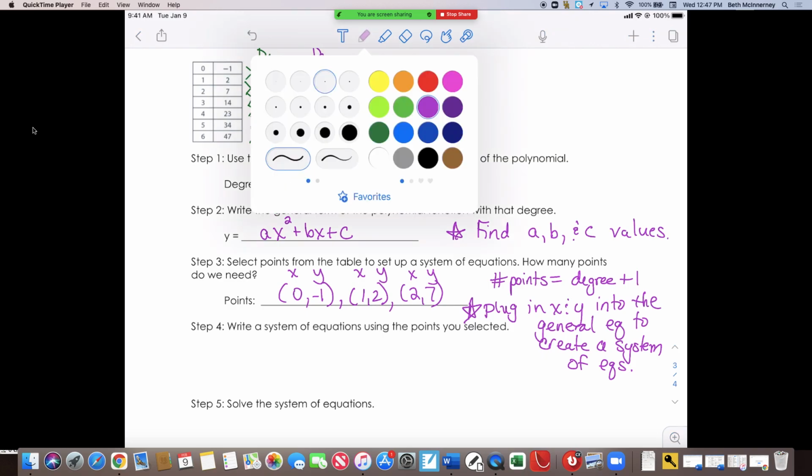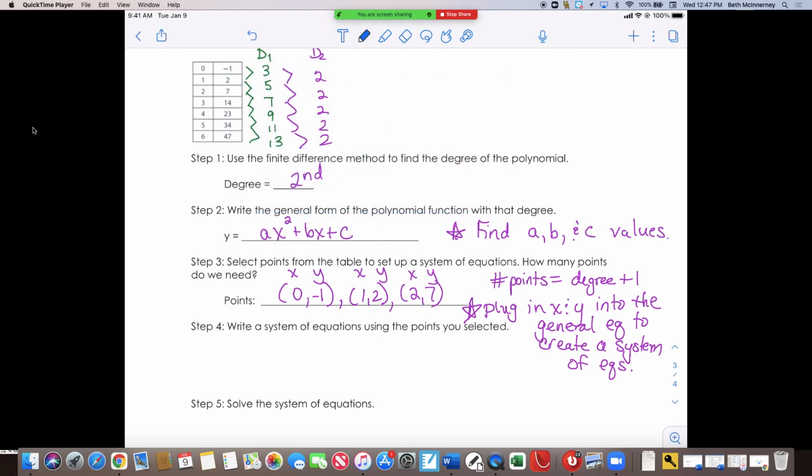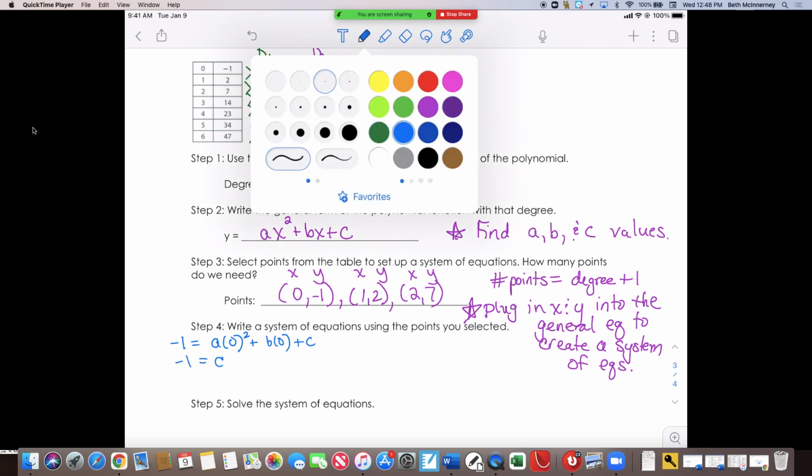So watch this. This is really, really cool. So I'm going to write -1 equals a times 0 squared plus, wrong letter, b times 0 plus c. Ooh, isn't that c is -1? I already got the c value, okay.